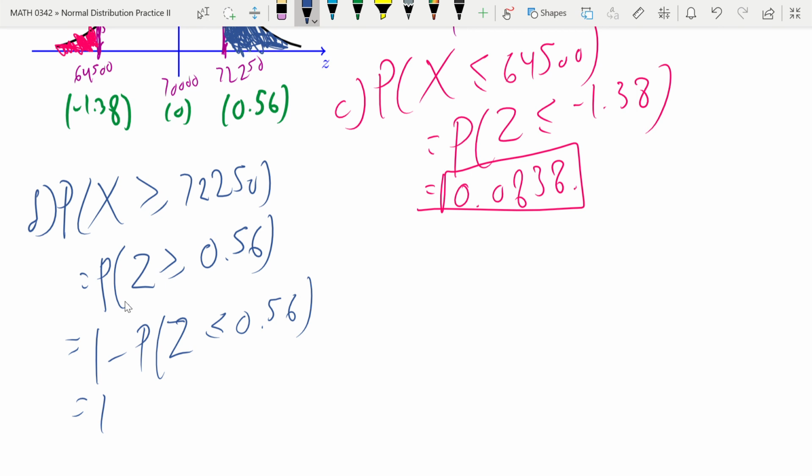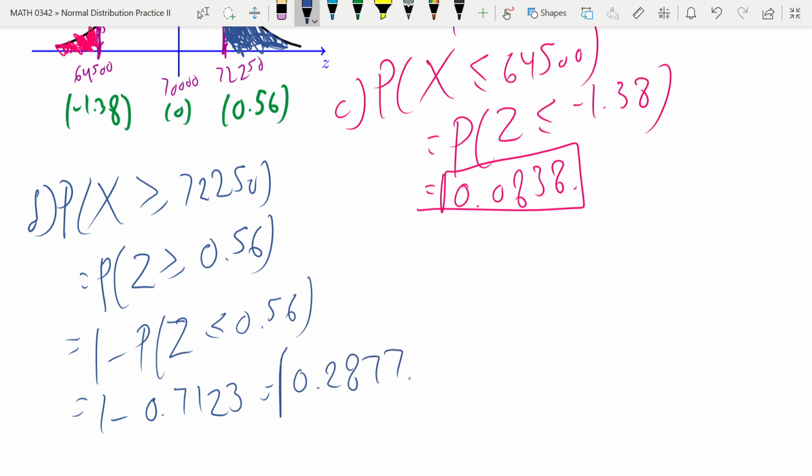Okay. And when we look in the table, the area to the left of 0.56 corresponds to an area of 0.7123. And when we finally do the subtraction, that will be 0.2877.